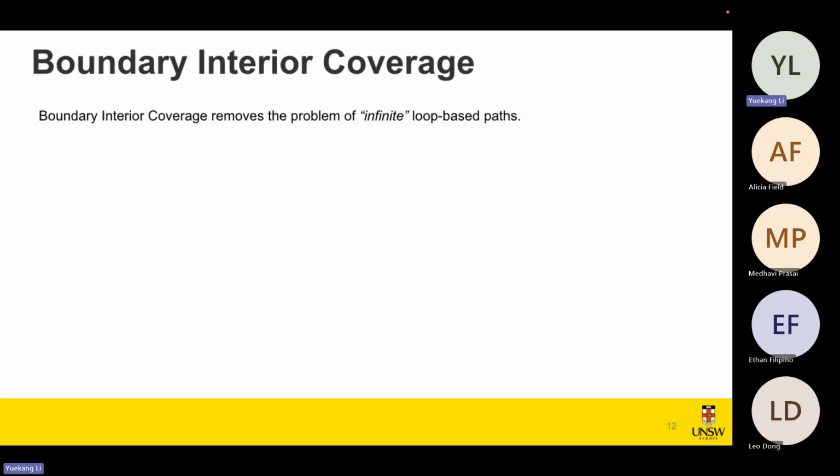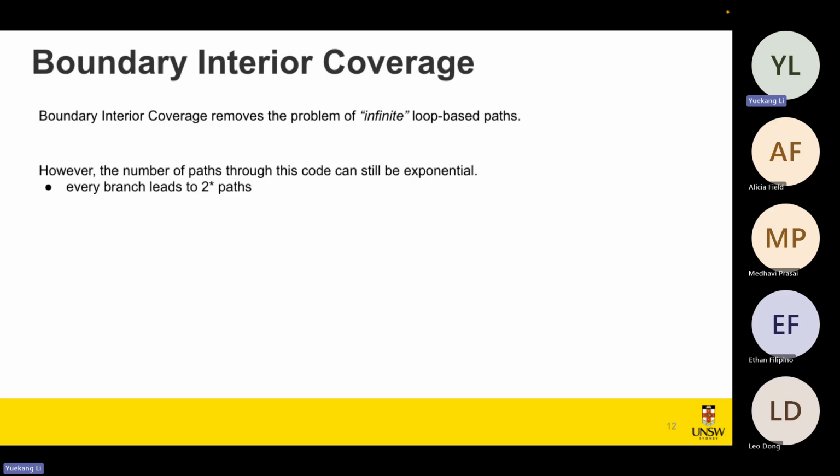And boundary interior coverage, actually, we can see that it helps us to remove the problem of infinity from loops, right? Because we don't care about how many times we loop. However, the number of paths through the code could still be exponential, right? Because every branch can double the number of paths we have.